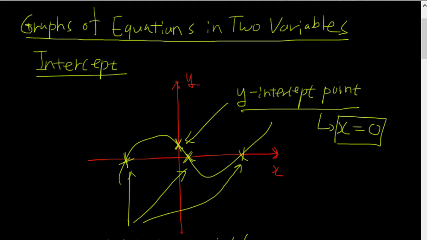In the same way, for an x-intercept point, because it's on the x-axis, what's the y value? It's going to be 0. So for all x-intercept points, the y value is going to be 0.